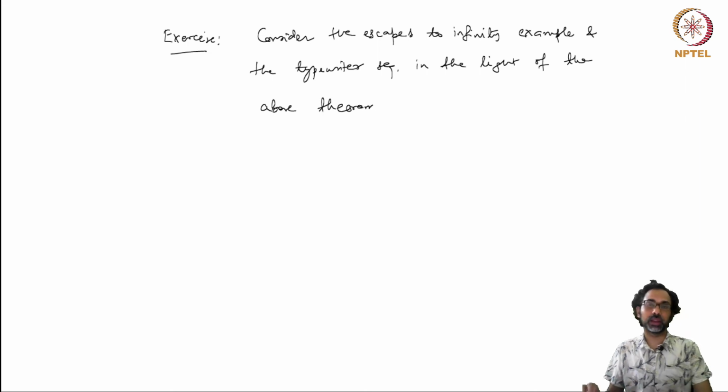So you will see immediately which one converges to 0 in which mode by using the above theorem, and of course one has to also show the other parts of the theorem, which I left to you as an exercise. So this brings us to the end of the topic for modes of convergence.